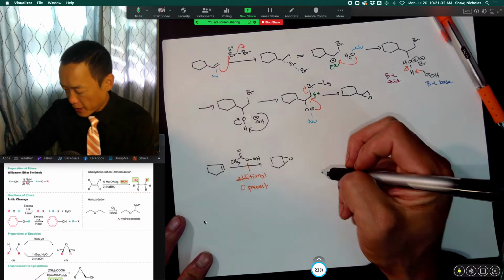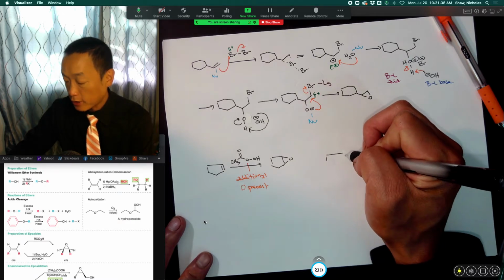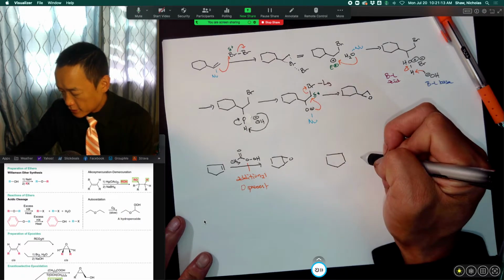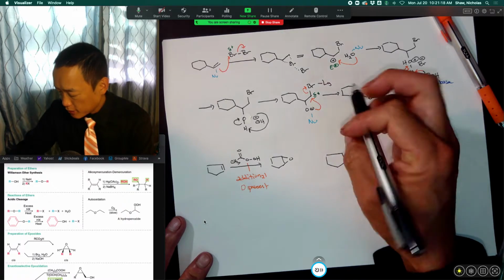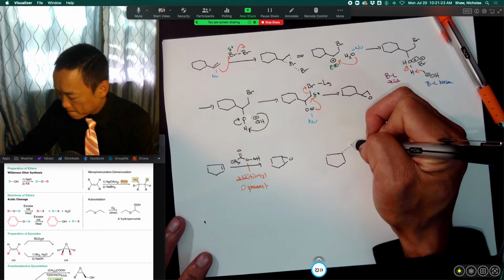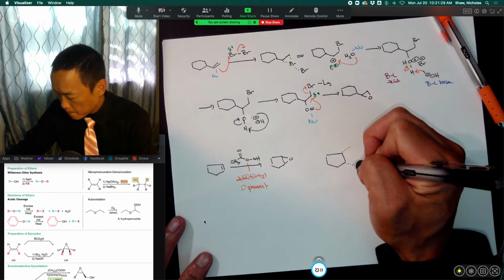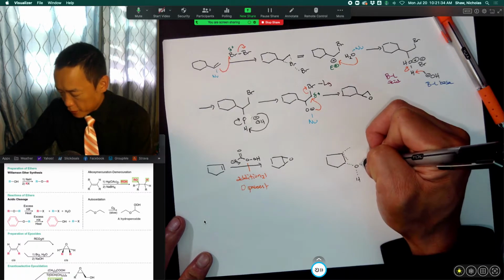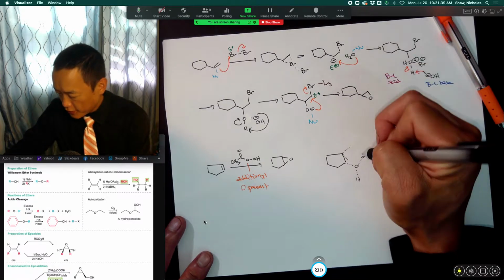There's this really cool mechanism, an intermediate that this species goes through. Did I start drawing that incorrectly? I don't think so. This peroxy acid has a way of coordinating in such a manner.